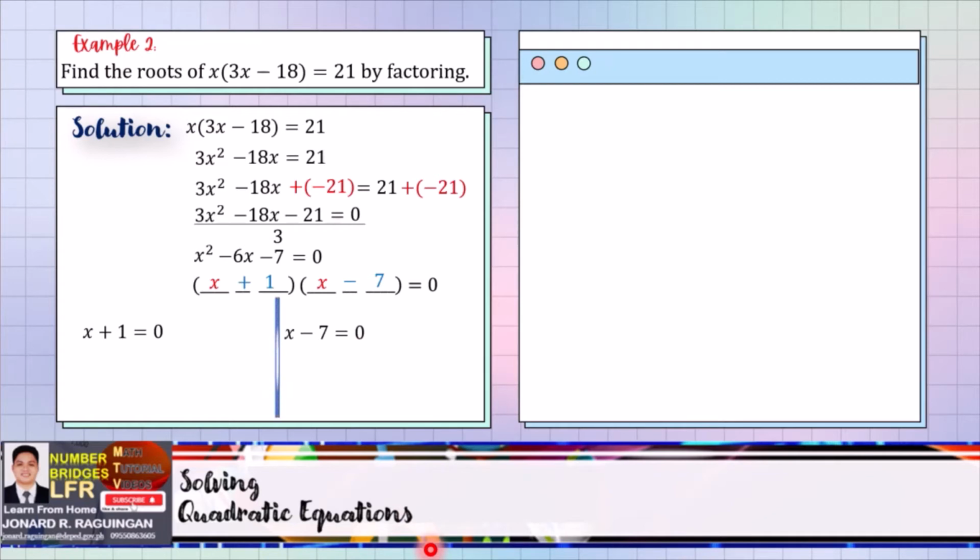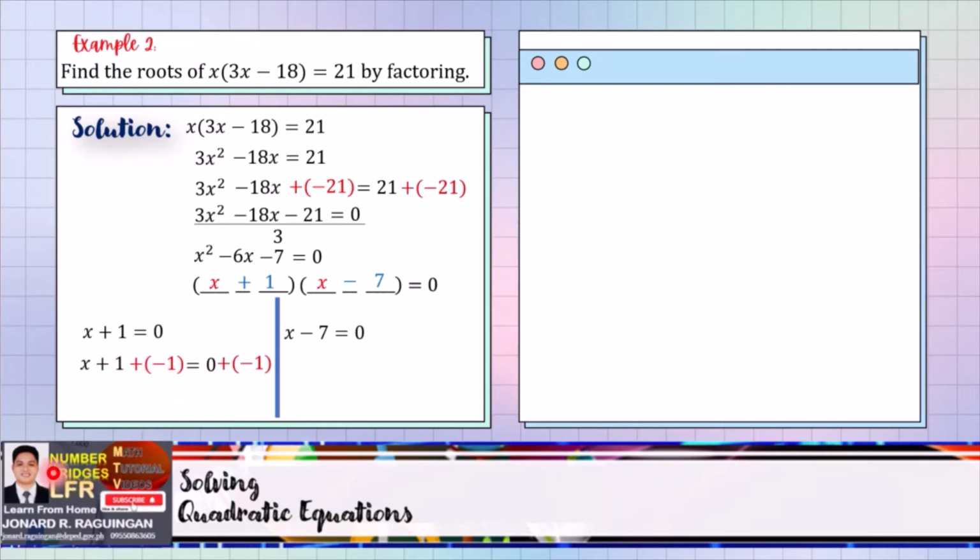Then simplify. By the addition property of equality, add negative 1 to both sides. That is, x plus 1 plus negative 1 is equal to 0 plus negative 1.